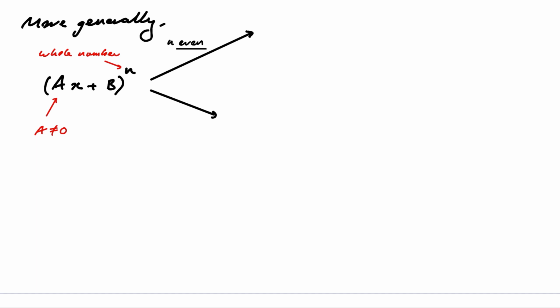Now, for n odd, let's take a little moment to think about this. If I give you a number and raise it to the power 3, and I tell you it's negative, so if I said r to the power 3 is a negative number, what would that mean about r? Well, the only possible answer would be that r is negative as well.